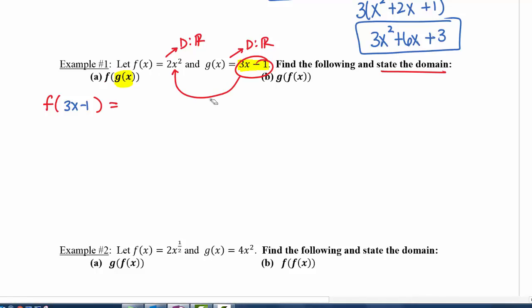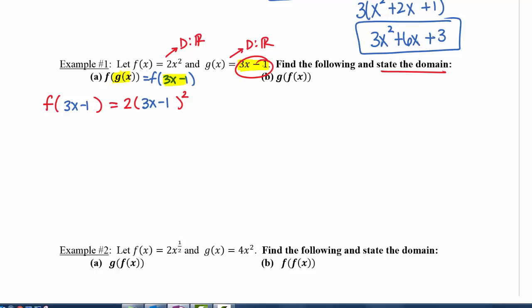So f is my outside function, so my outside function is 2x squared. So a 2 times something squared, just like we did before, but now on the inside, I get to put g of x. So g of x is 3x minus 1. If I write this up here, f of 3x minus 1, because g of x is 3x minus 1. Maybe that's a better way to write it.